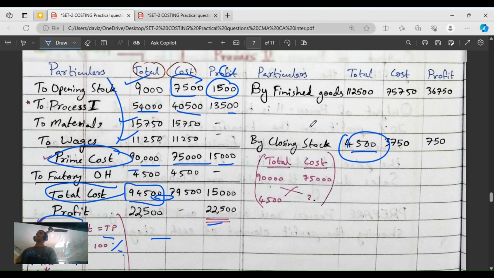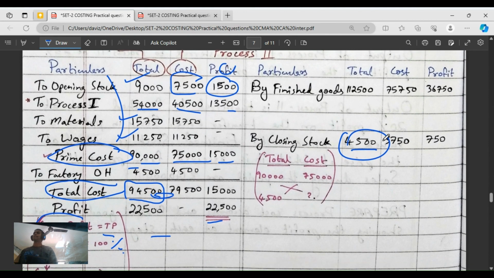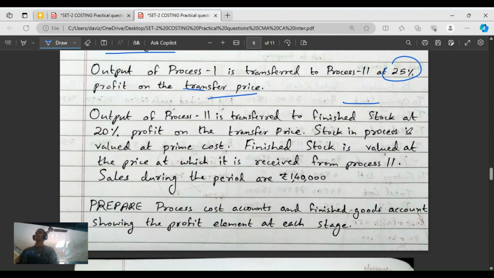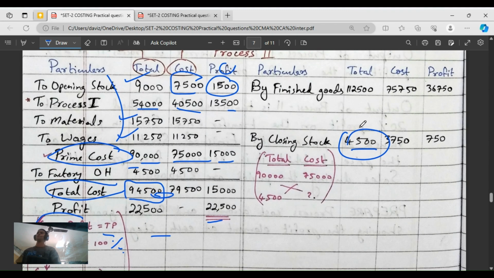Now there is one thing. The question is also stating that stock in process is valued at prime cost. Here stock in process is closing stock. Stock in process valued at prime cost. So we have to find the cost of the closing stock by applying this.